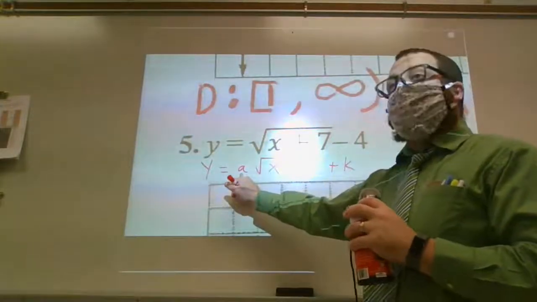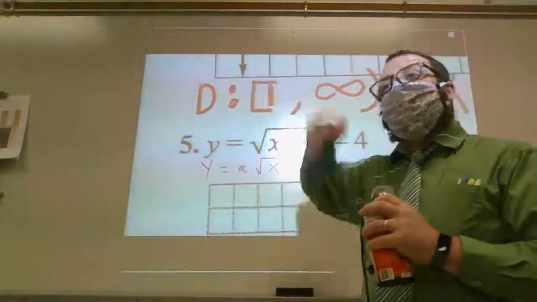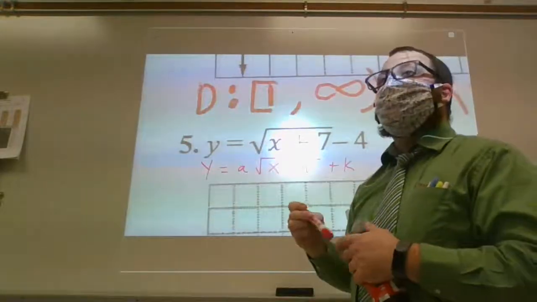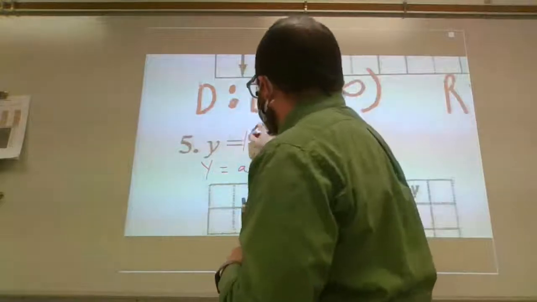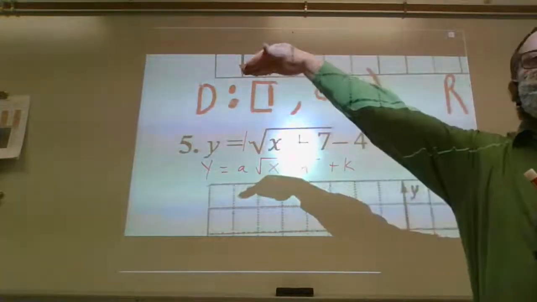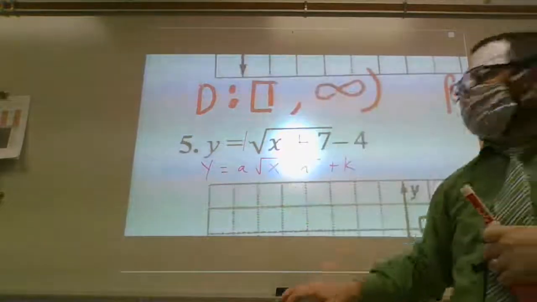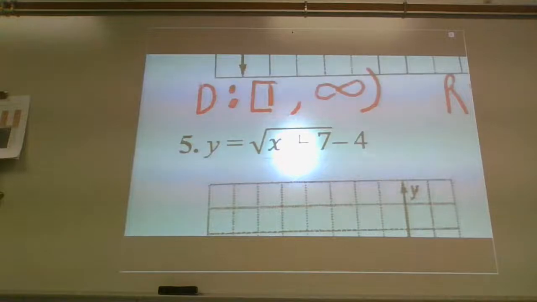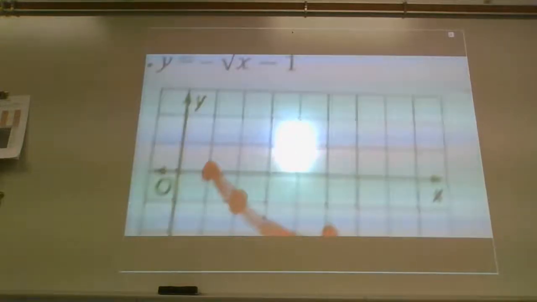But this A value determines whether it will go up or whether it goes down. In this case, this is a positive 1 that is in front of that square root. Thus, that thing is just going to be the top half of that half parabola. Whereas, nope, there it is.